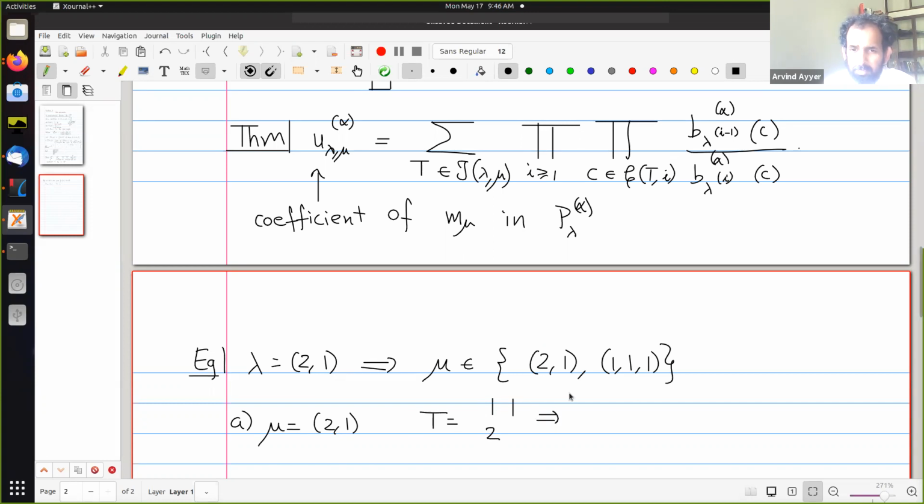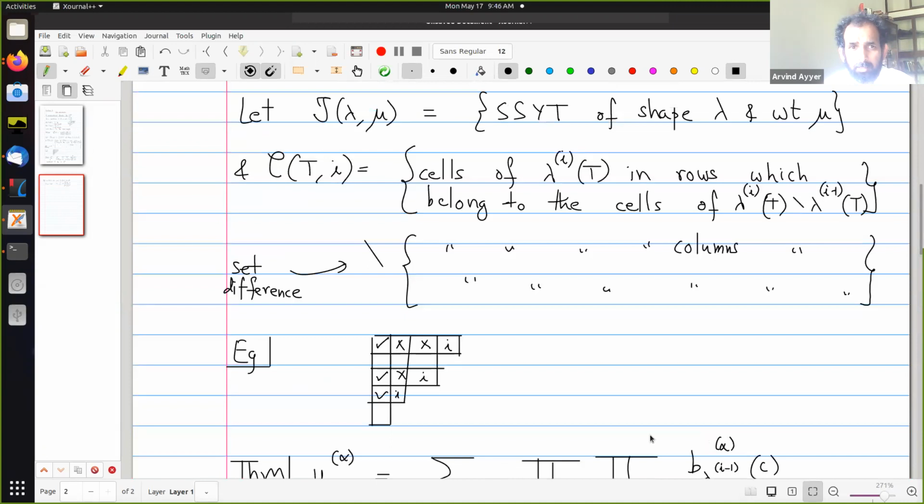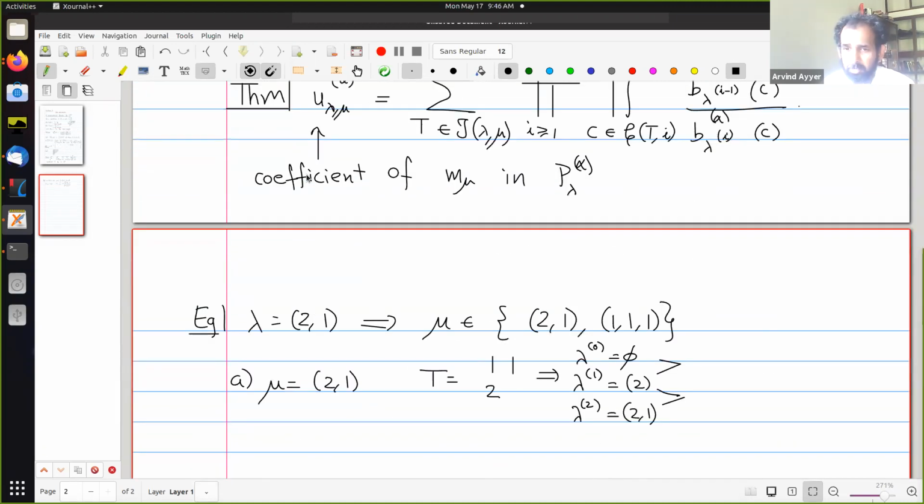This means that lambda 0 is empty, lambda 1 is all cells containing 1, and lambda 2 is (2,1). And in each of these cases, this set C is empty. So it's the empty product.